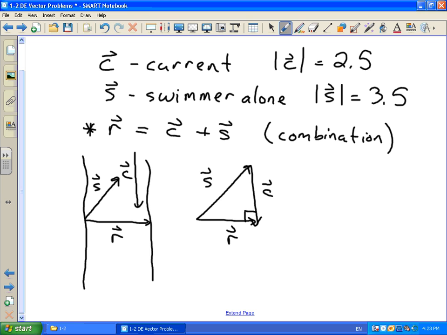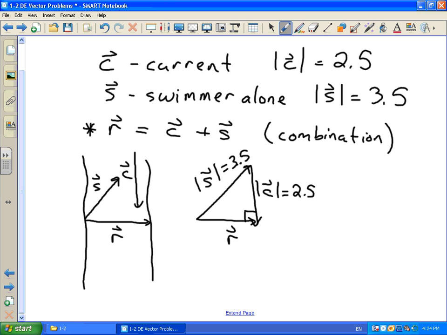And these are going to form a little right angle triangle here. So let's add in what we know about the magnitudes. The magnitude of the current is 2.5, and the magnitude of the swimmer's velocity is 3.5. And what we want to calculate is an angle here.